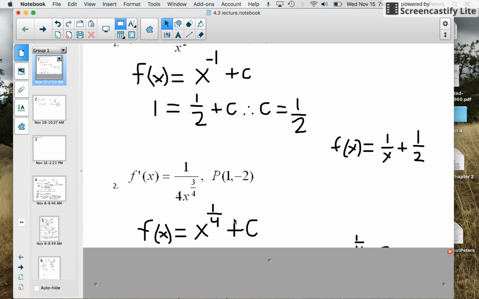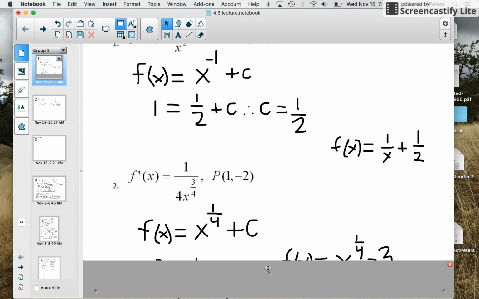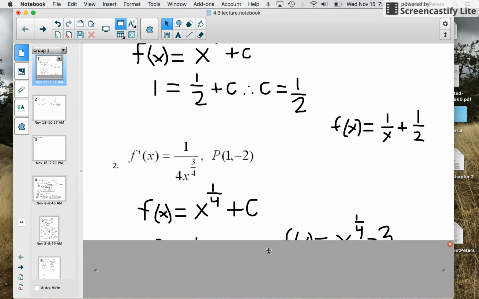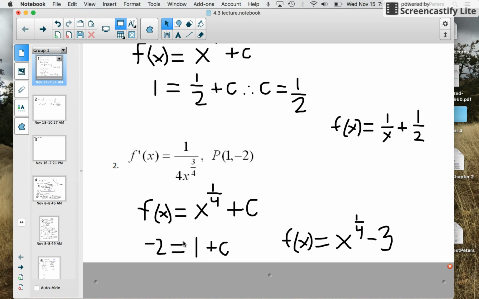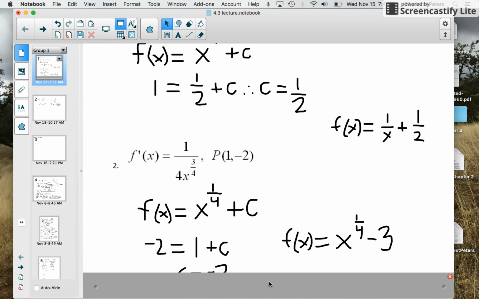And if we think about taking the derivative of this function, we've got 1/4 times x to the negative 3/4, which is what puts our derivative down here. And we add our c, then we substitute to find c, and we get f of x equals x to the 1/4 minus 3, because c equals negative 3.